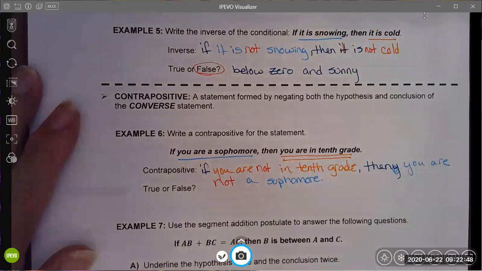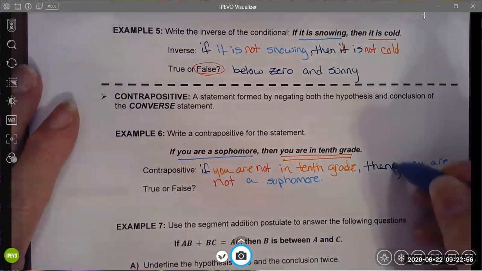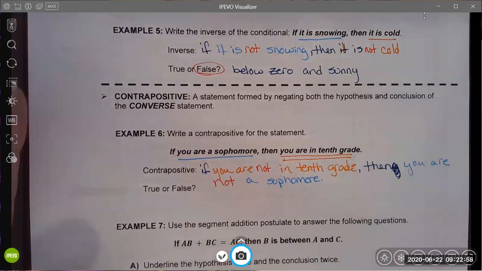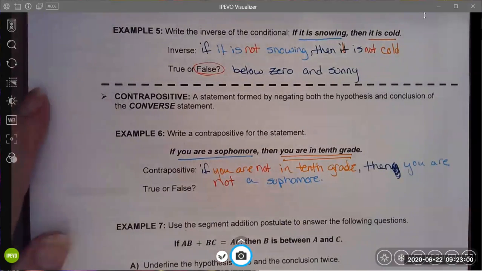To determine whether it's true or false, I just need to come up with a counterexample. So ask yourself, is there a time in my career as a student when I will be a sophomore, but not in 10th grade? I'll let you think about that one. I'll tell you the answer in just a moment.